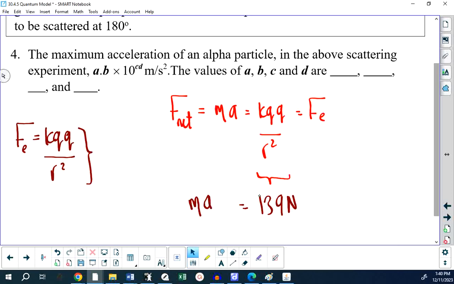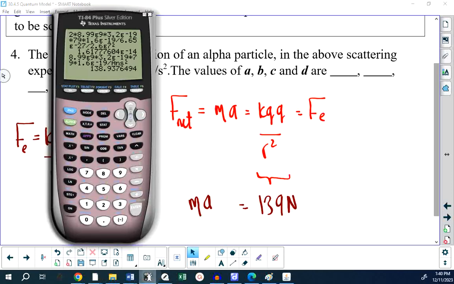So if we want to determine the acceleration of the alpha particle at that point, we divide that by the mass of the alpha particle. And you get a stupefyingly large acceleration. It doesn't even make sense. 2.1 times 10 to the 28 meters per second squared. It's only happening for an instant, but that's the acceleration.